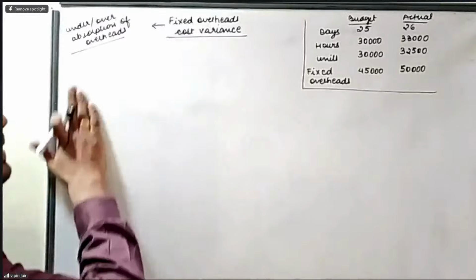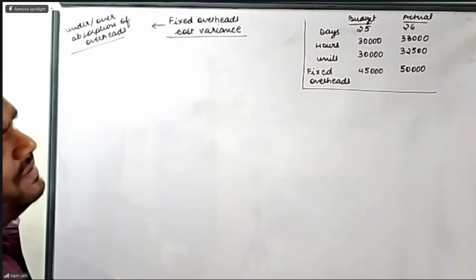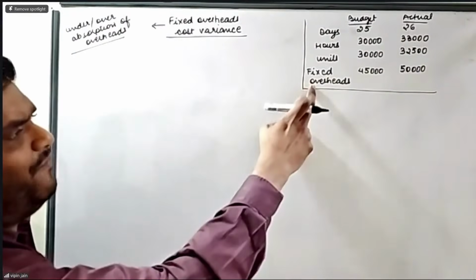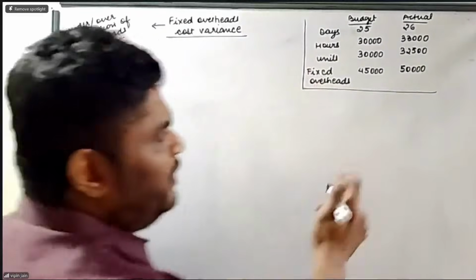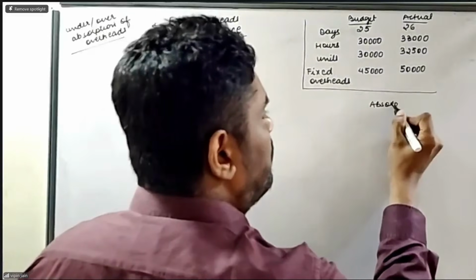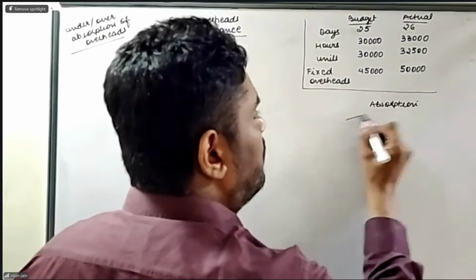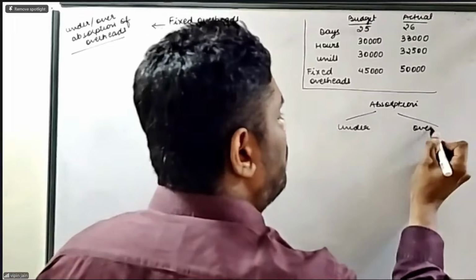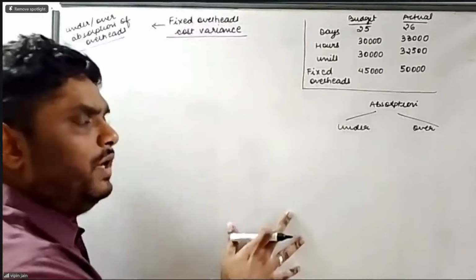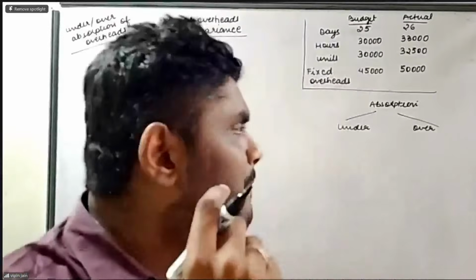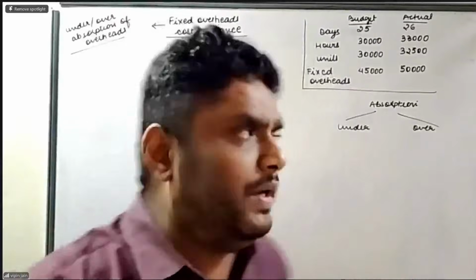Now when talking about fixed overhead cost variance, it talks about under or over absorption of overhead. Just for your knowledge, under absorption and over absorption: when overhead is absorbed, we compare overheads absorbed with the actual overheads.